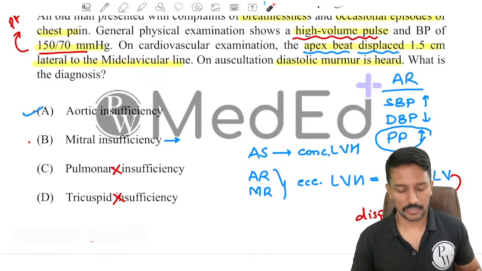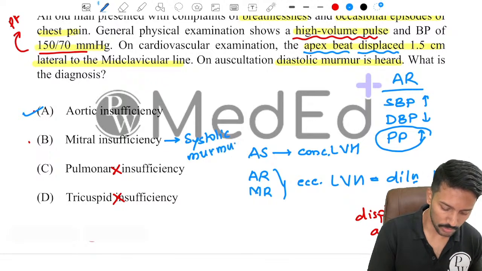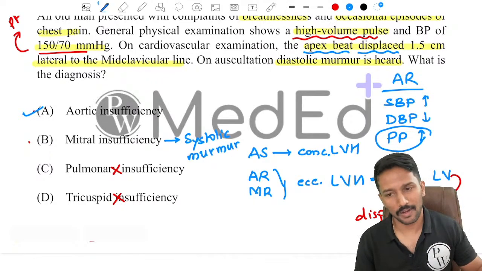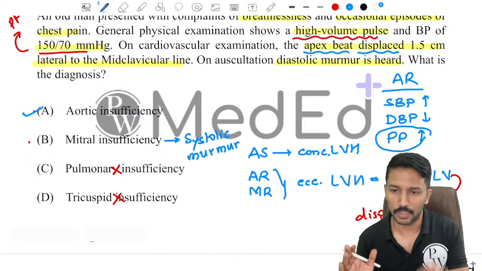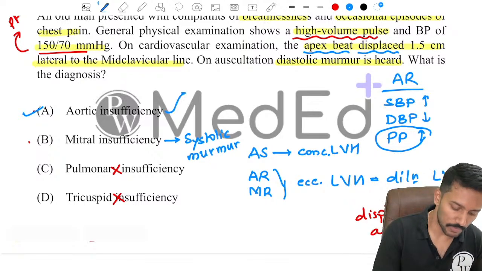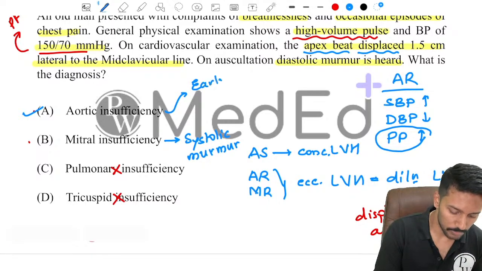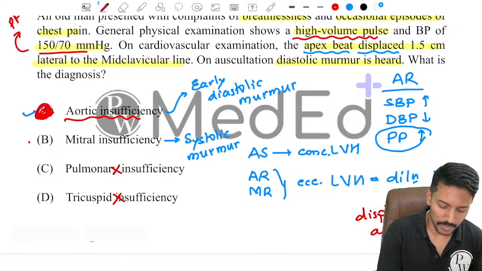In mitral regurgitation you will have a systolic murmur: early systolic if acute, pan-systolic if chronic. Whether acute or chronic, it will be systolic. In aortic insufficiency, there will be an early diastolic murmur. So keeping the murmur nature in mind, we will go ahead with option A. Aortic insufficiency would be the answer here.